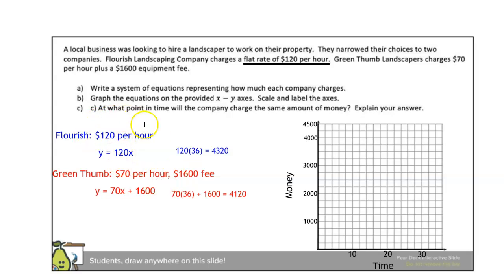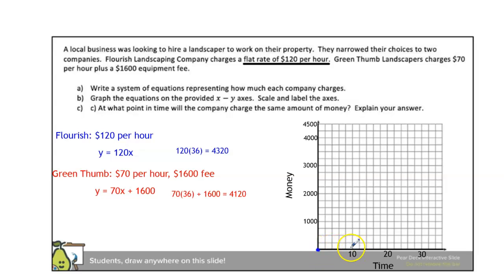Now let's start graphing the Flourish one. I know Flourish has a y-intercept of 0, so that's an easy point to plot. The next point, if it was 1 hour, would be 120 times 1, which is 120. But I'm not really scaling by something like 120. This is 250, this is 500, this is 750, and this is 1,000. So maybe I won't skip only by 1 hour.